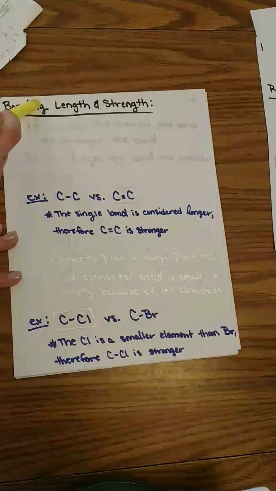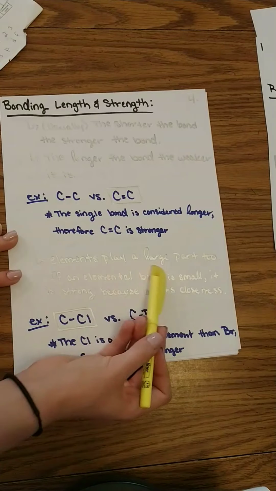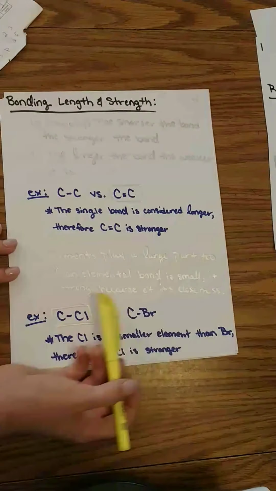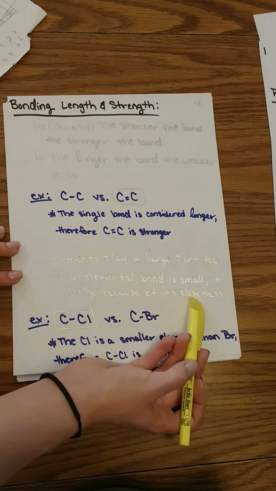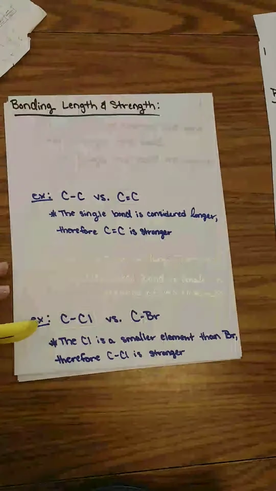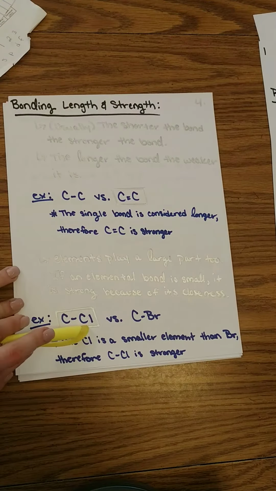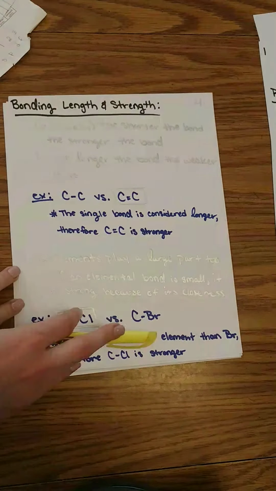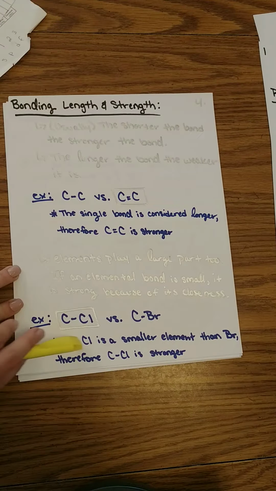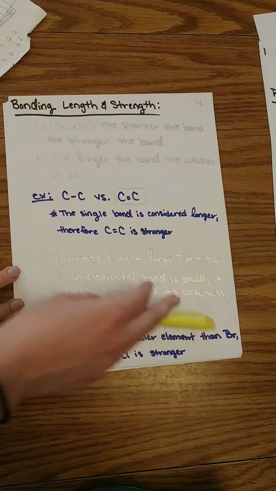Next, going on with length and strength, we have elements play a large part too. If an elemental bond is small, it is strong because of its closeness. So in this next example, we'll have to see which one is smaller. So carbon sigma bonded to chlorine versus carbon sigma bonded to bromine. So the chlorine is a smaller element than bromine.